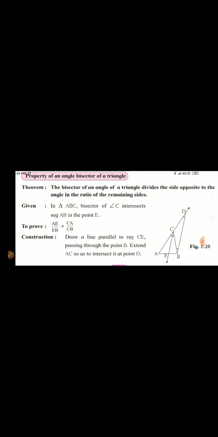So we can see in the diagram again, CE is parallel to BD, and we have to see that AD is the transversal. So in this construction, AD is considered as a transversal.